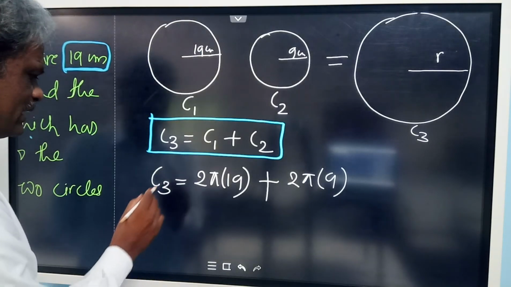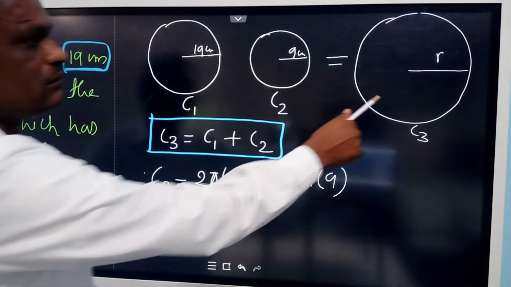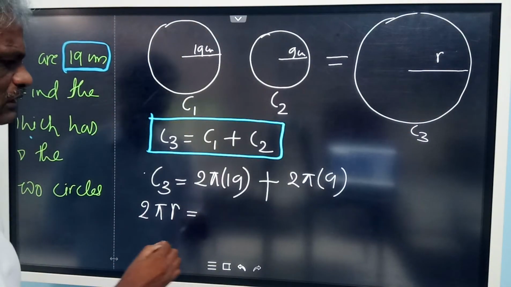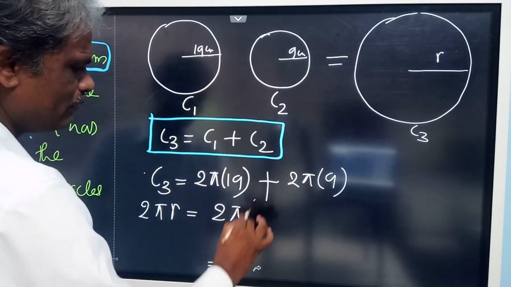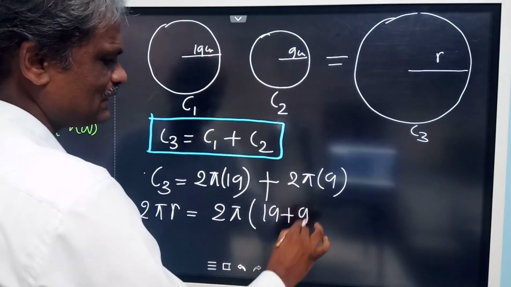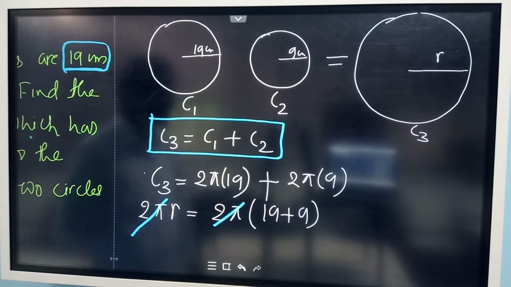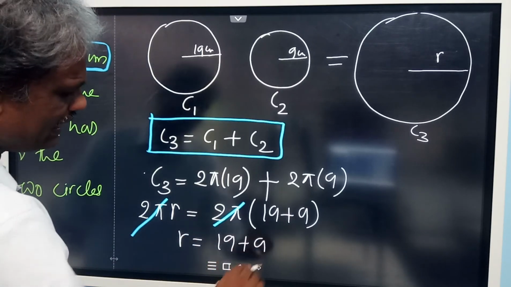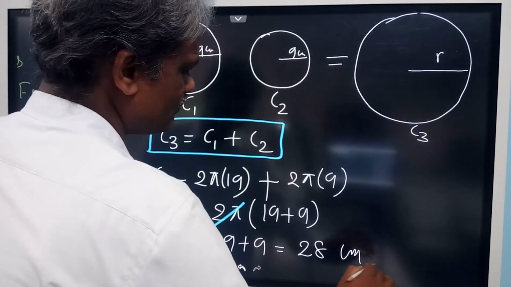So this is the circumference formula, 2 pi r, where we have taken the unknown radius as r. 2 pi r is equal to, taking 2 pi common, 2 pi into the bracket 19 plus 9. The 2 pi on both sides cancels. So radius is equal to 19 plus 9, which is 28 centimeter.